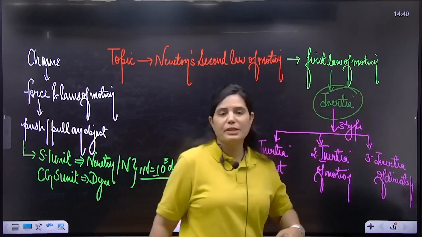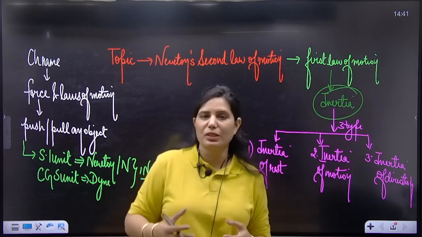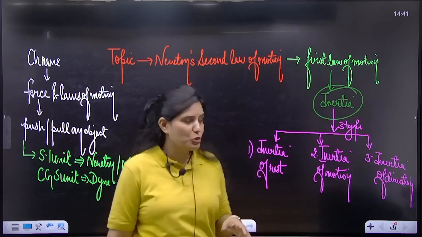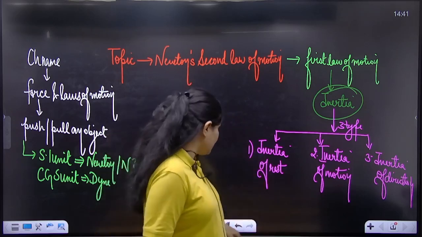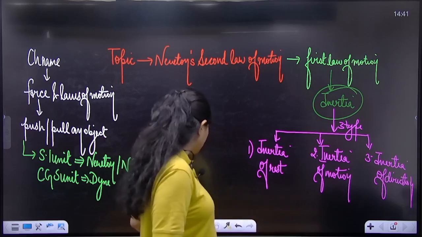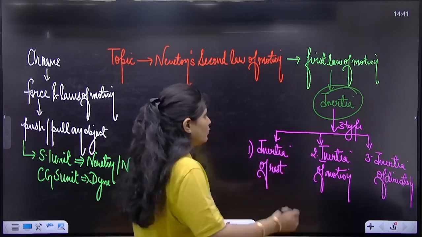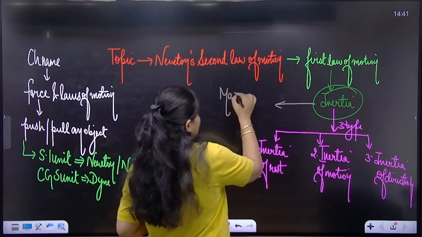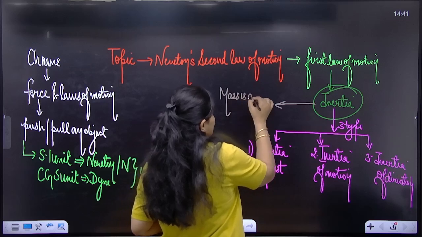And an object having more mass will have more inertia, an object having less mass will have less inertia, right? So the important thing to notice in this first law of motion is that mass is a measure of inertia.